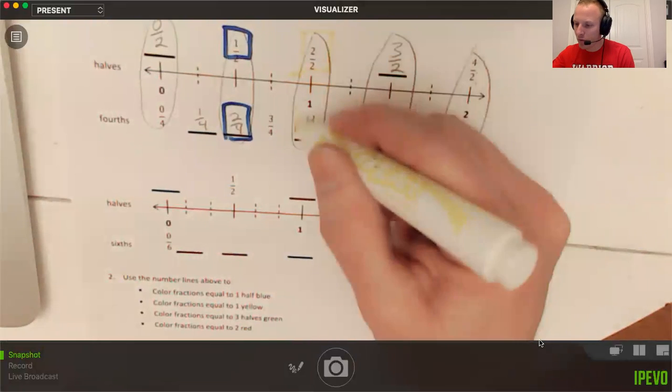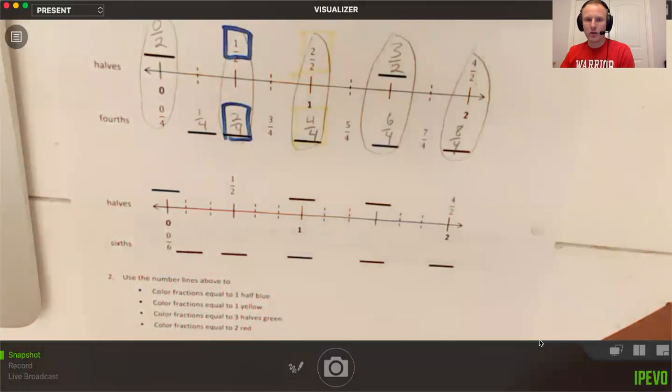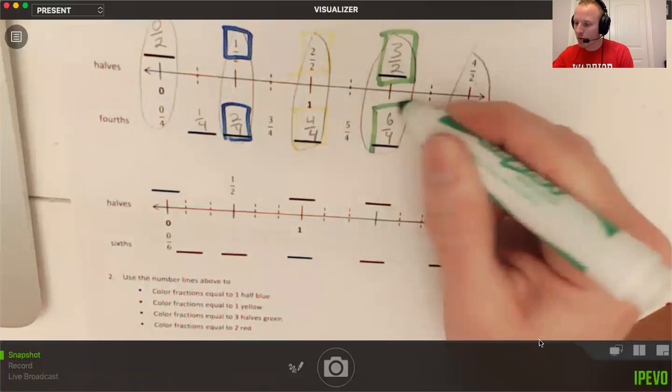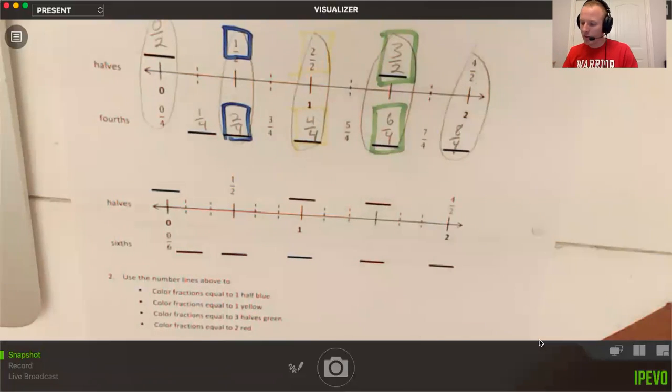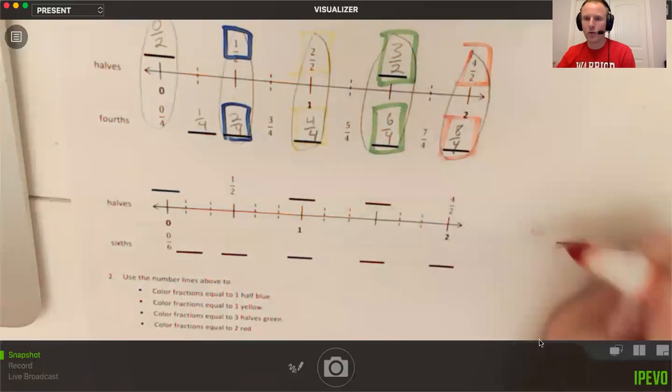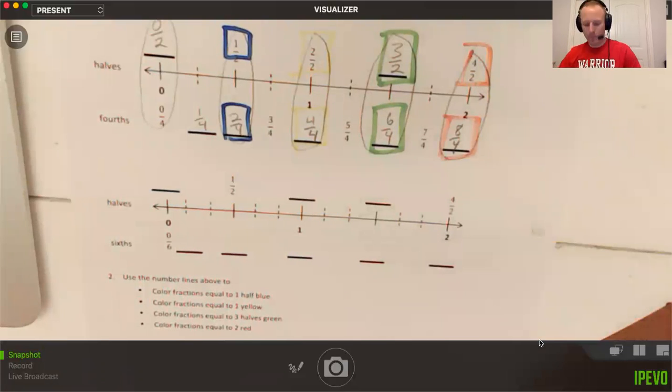So 2 halves and 4/4 are both yellow. Anything equal to 3 halves is green. So 3 halves and 6/4 are green, and anything equal to 2 is red.